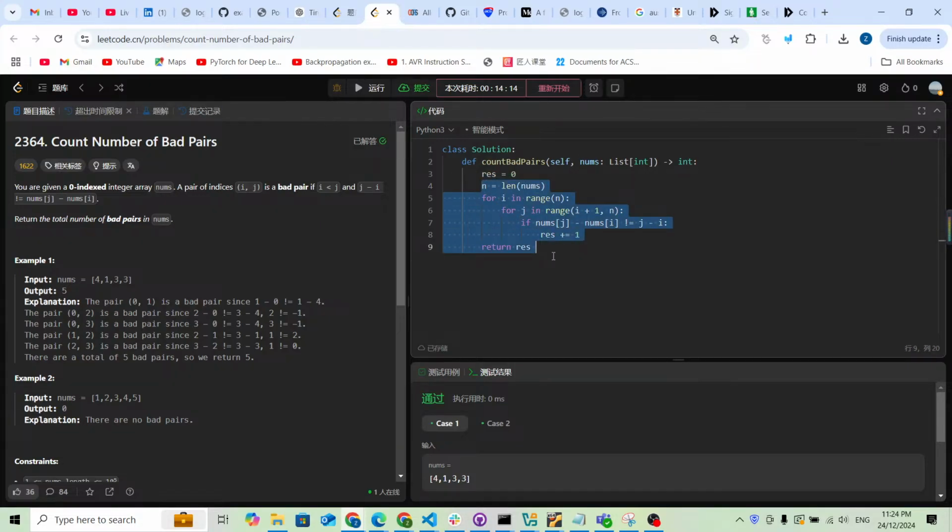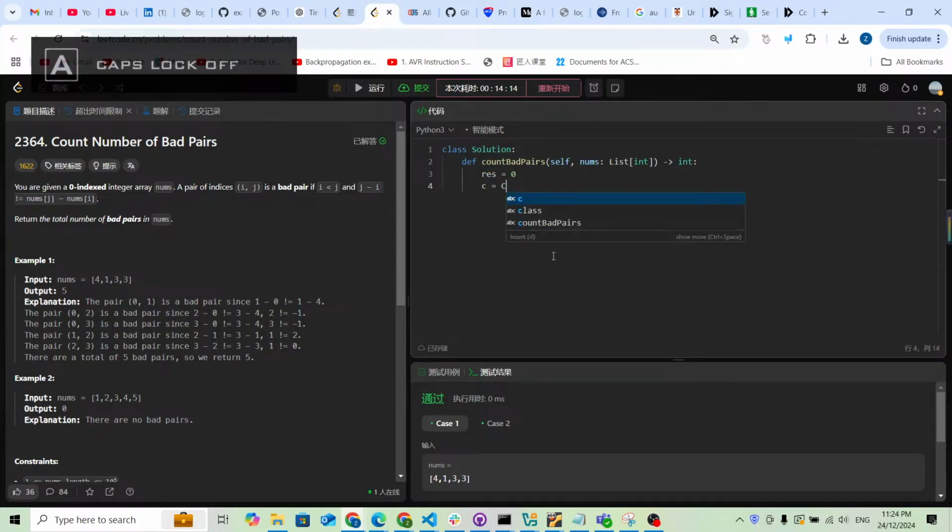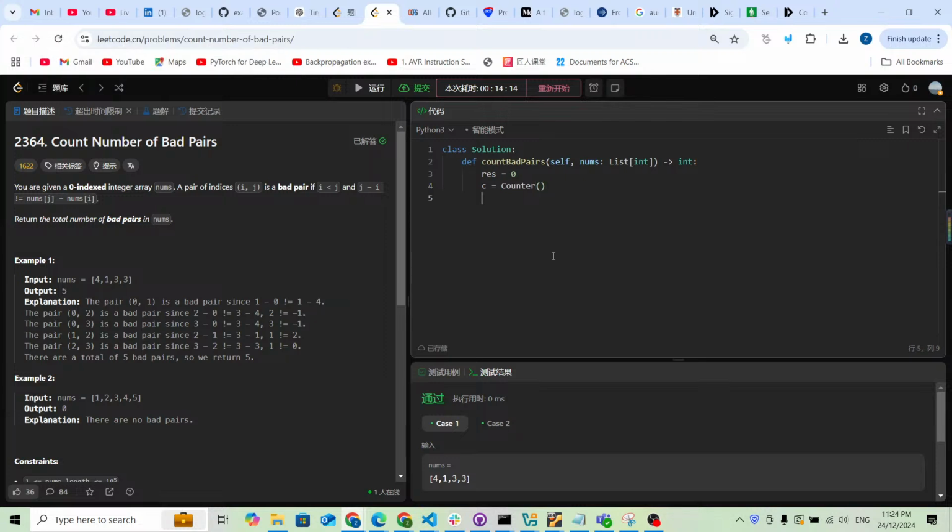We're going to prepare the result and a counter as well. So n is going to be equal to the length of nums, and the result is going to equal n times (n minus 1) divided by 2.